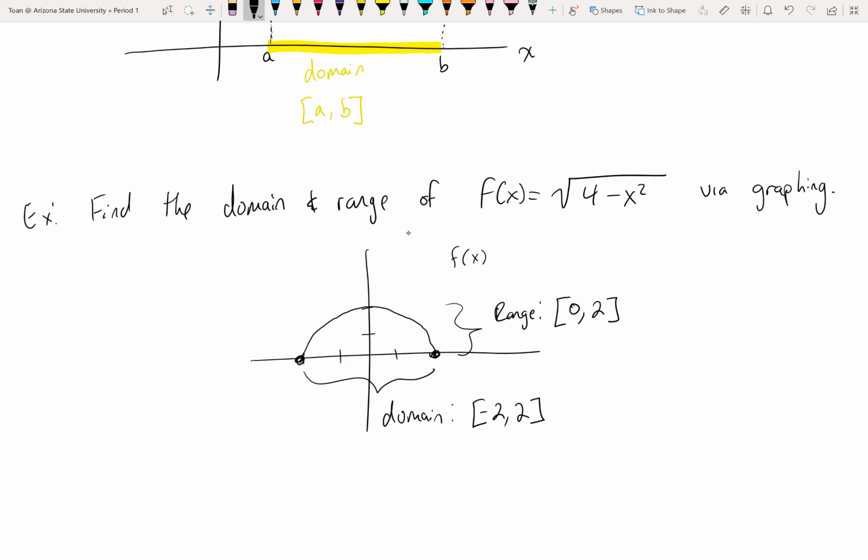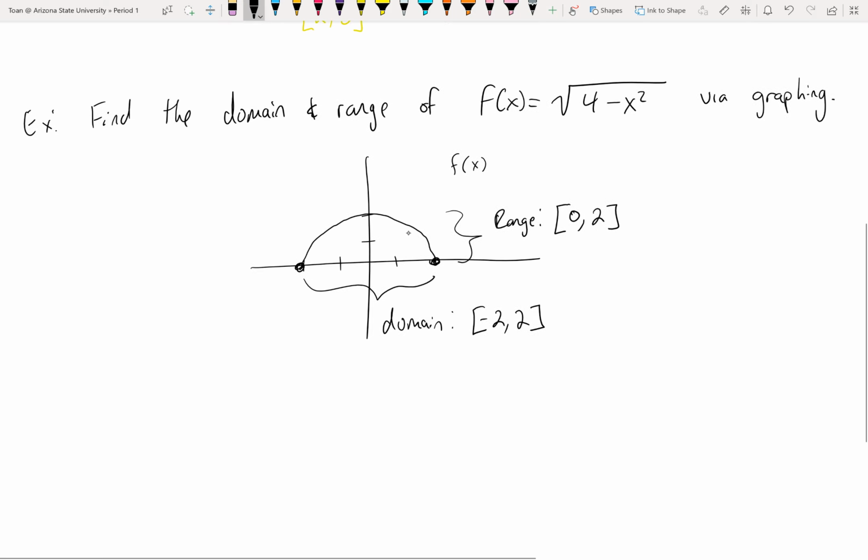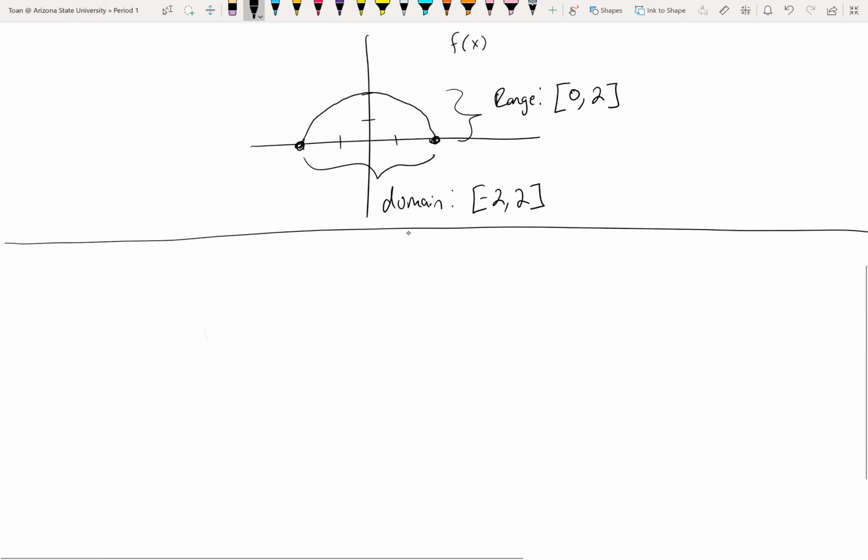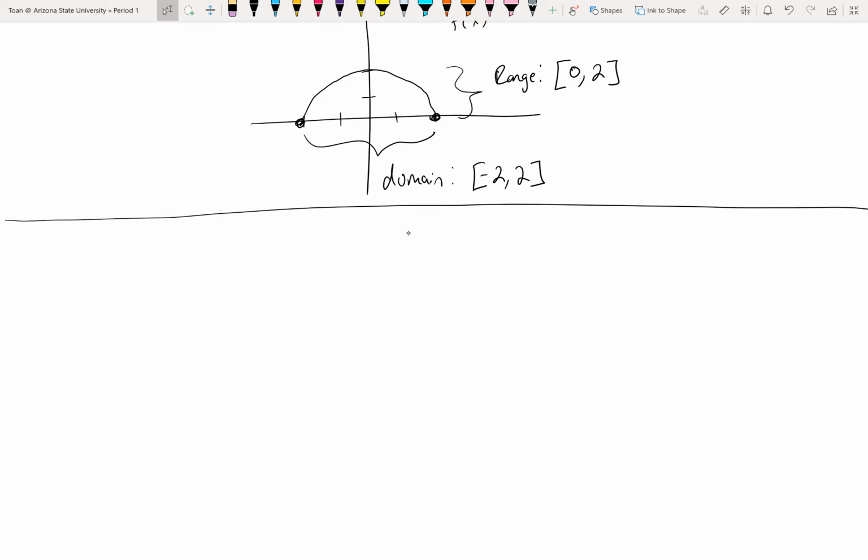Other characteristics, other information we can pull from graphs, I sort of expect you guys to be able to do, is to find intervals of increase and decrease. Now this is actually a calculus question. Where is the function increasing? Where is the function decreasing? Since we're not in calculus, we're not going to be using high-level math. Instead, we'll use graphs, right?